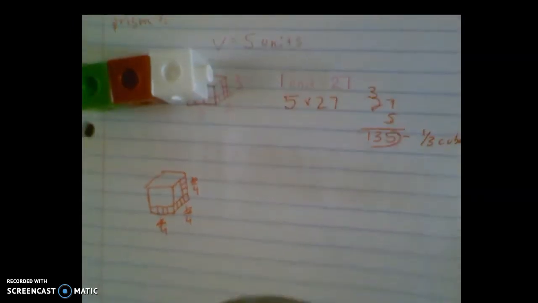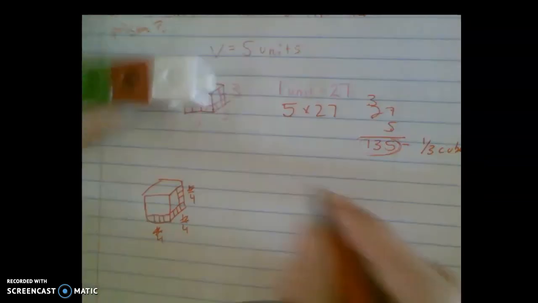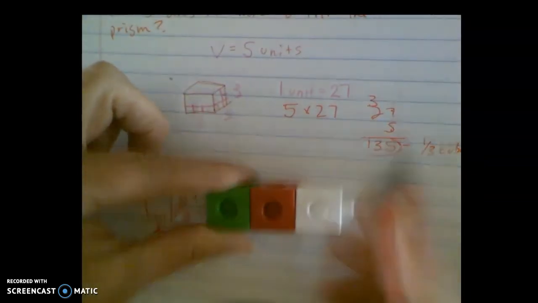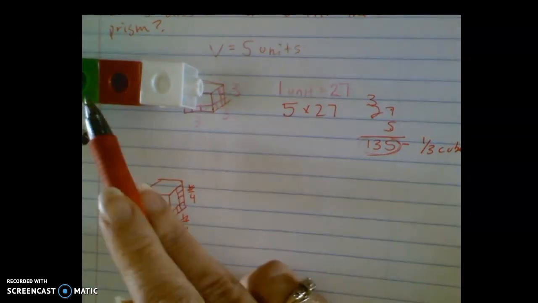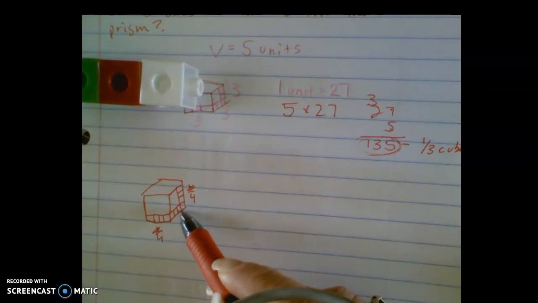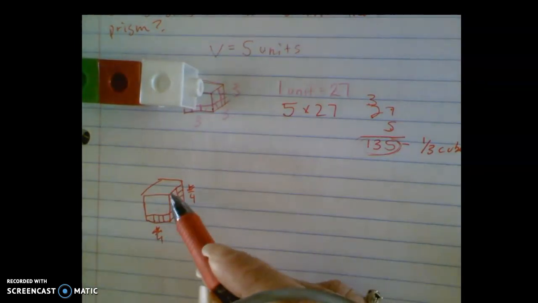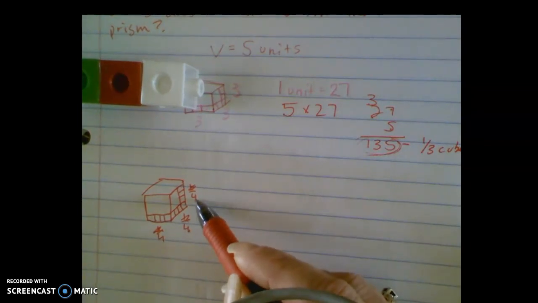Okay, so you think you figured it out, so now you're going to test to see if you are correct. So again, I think about, we have 3 of those unit cubes now, so we need to figure out how many 1/4 it would take to fill just one of them. Well, it would take 4 across the front, 4 across the back, and 4 levels of it. So 4 times 4 is 16, 16 times 4 is 64.